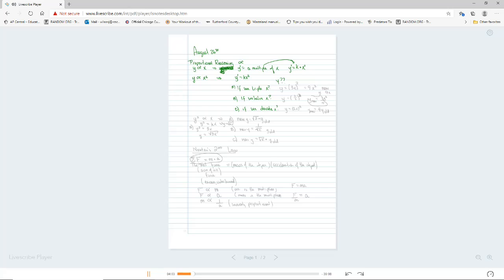Oh, wait, no. Okay. He's going to rescind his argument. If you just think of the parent function, y equals x, all you're doing is saying that x 3 times. So all of y.